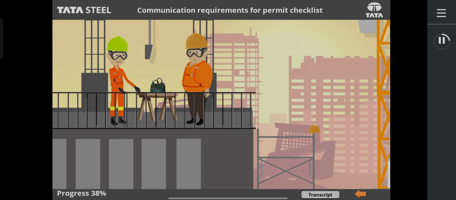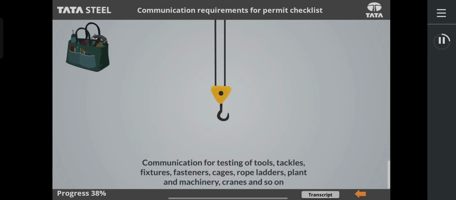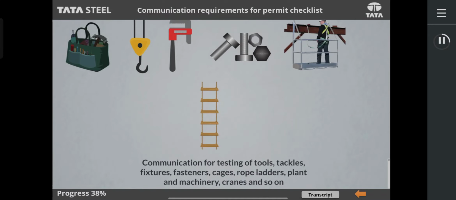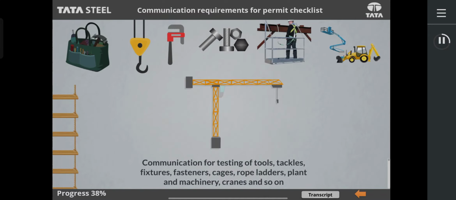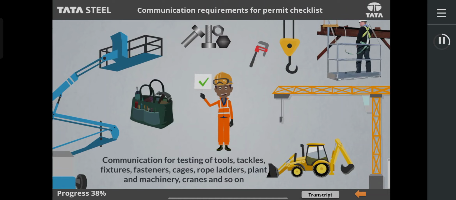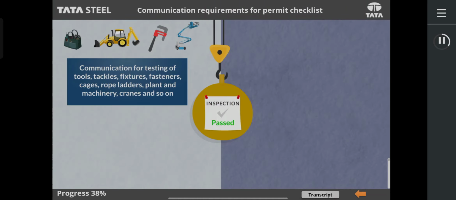Let me explain. The tools, tackles, fixtures, fasteners, cages, rope ladders, plant and machinery, cranes, and so on to be used must be tested prior to use by the concerned person. So, this information must have been communicated to them.